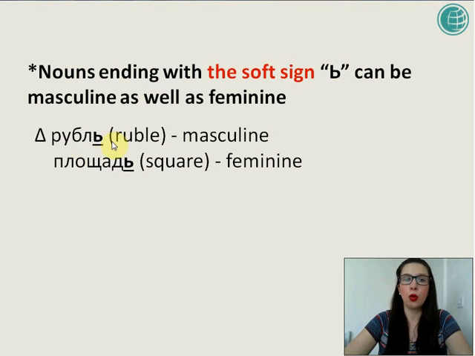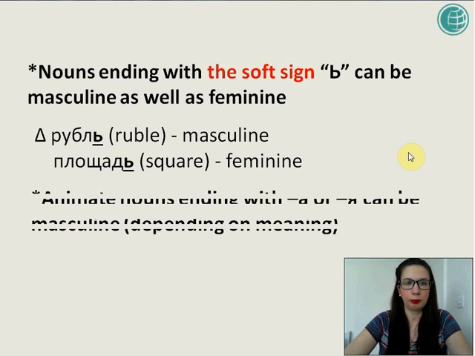For example, рубль, ruble, you can see the soft sign. It's a masculine noun. Why it is like this, I cannot tell you. Площадь, square, again soft sign, but it will be a feminine noun. There is no reason why it's like this, you just have to remember it.